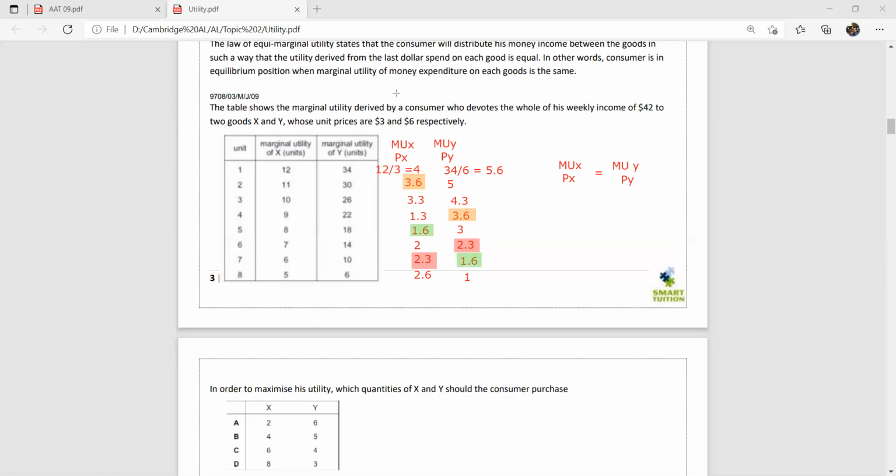So now we have to look at which combination gives the maximum satisfaction.